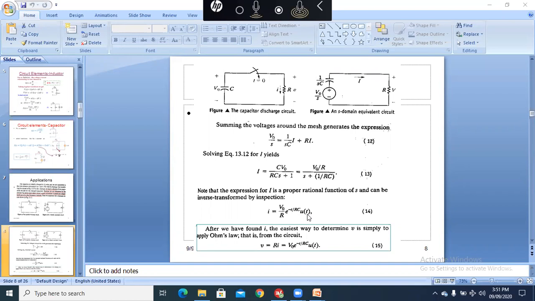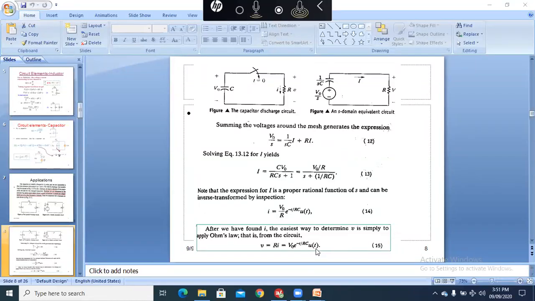And when we want to calculate the voltage across the resistor, the voltage across the resistor is Ri, so we multiply with the value of R. So that is V naught e to the minus t by RC U of t.